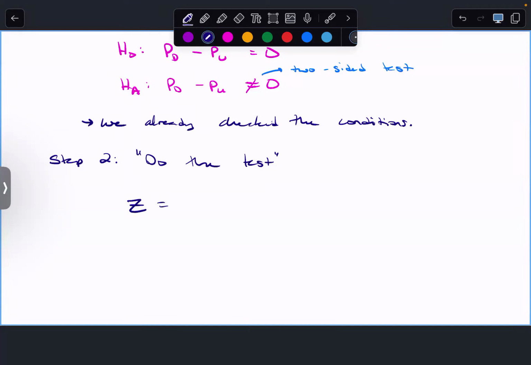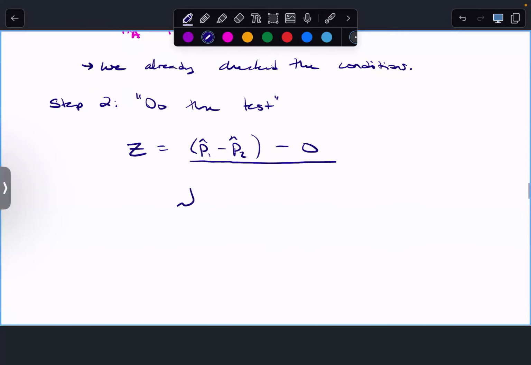And so Z is P1 hat minus P2 hat, my point estimate, technically minus 0, minus P1 minus P2, but my null hypothesis I always assume is true. And so it's not on your formula sheet, but I want you to see it just once. P hat Q hat times 1 over N1 plus 1 over N2.